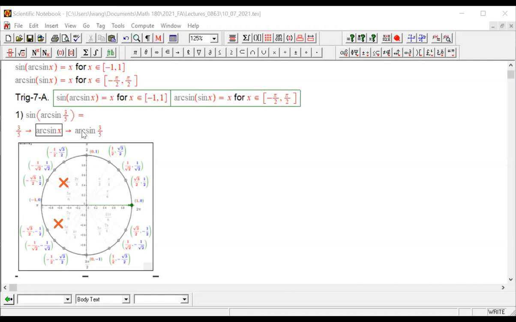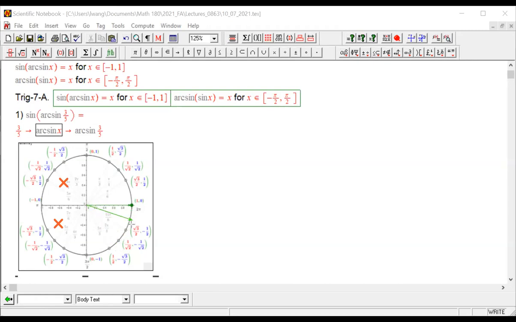So this angle you are getting, you don't know this angle. Pretend you don't know it. Don't touch that calculator. This angle is either going to be somewhere here or somewhere there.